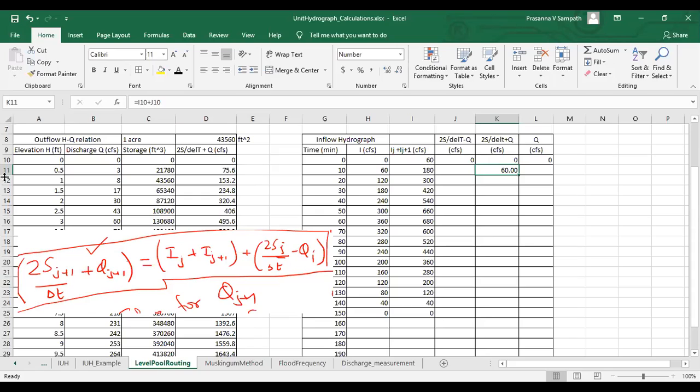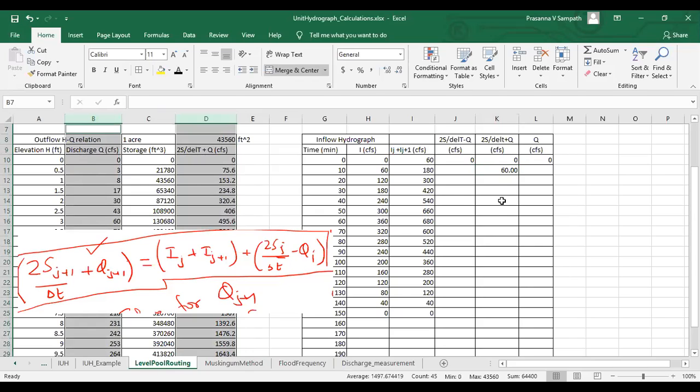Using the plot between, interpolate between. See, in column B and D, I have 2s by delta t plus q as a function of q. So this column D and column Q are a plot between 2s by delta t plus q and q.